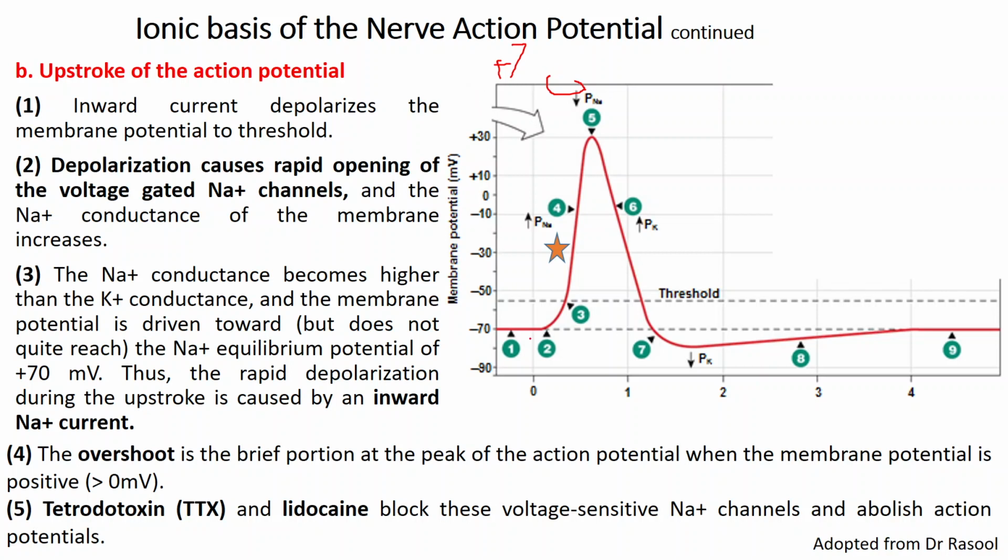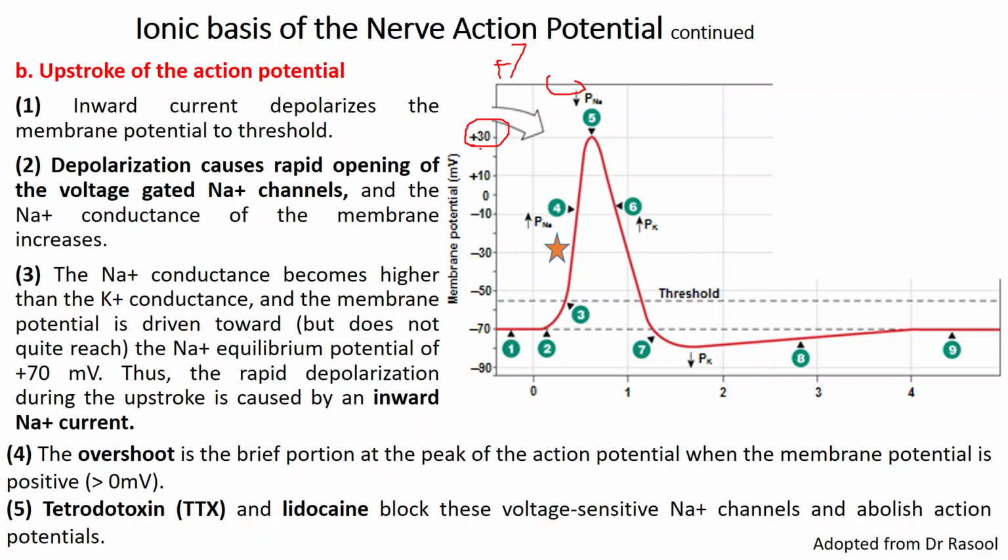But as you can see here, when the membrane reaches around positive 30 millivolts, what will happen? The inactivation gate would be closed, okay? And now the voltage-gated potassium channels are opened. They sense this change.